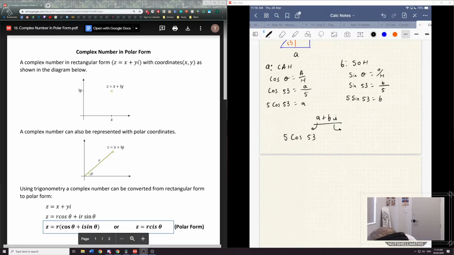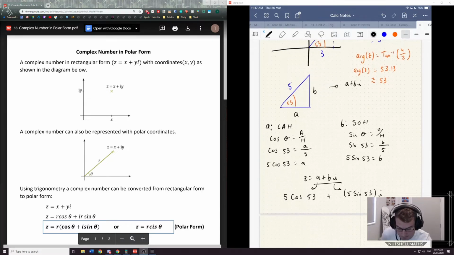And we also know that B can be replaced with 5 sine 53. And we should put an I on there. And there's a plus in between. I'll rearrange it in a second. Yeah, fair enough. Z equals A plus BI. And we've got this piece here.